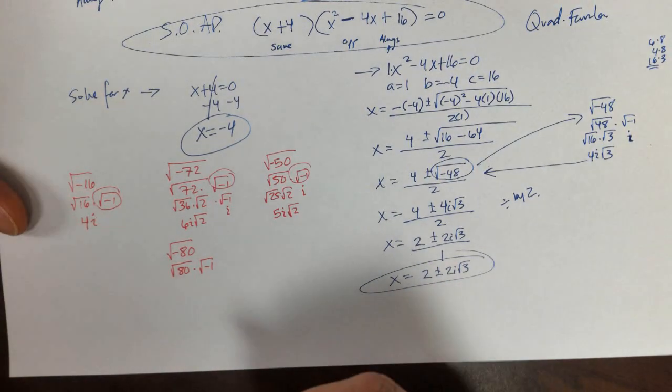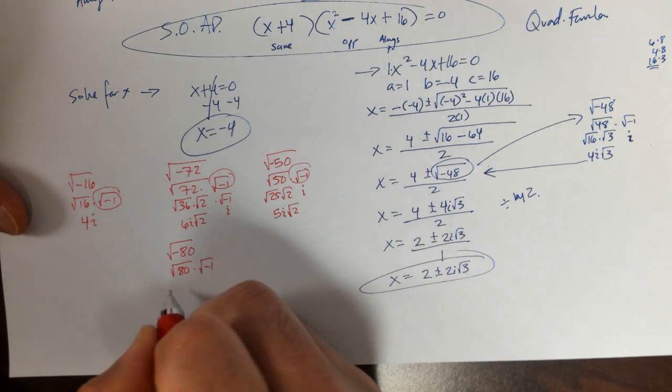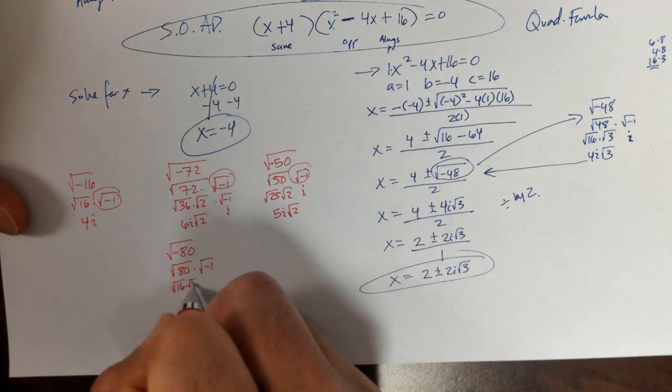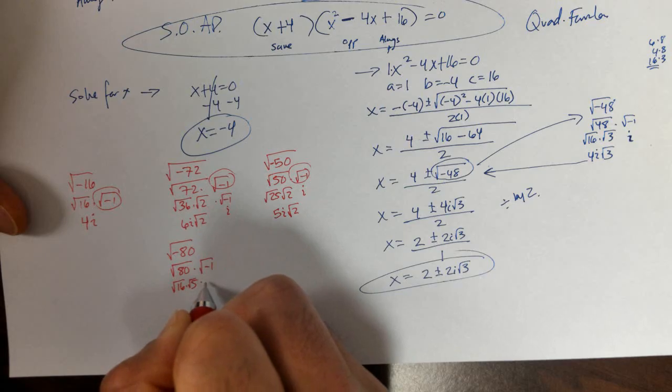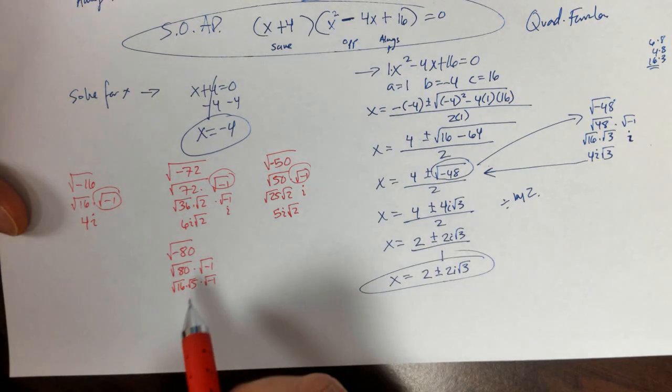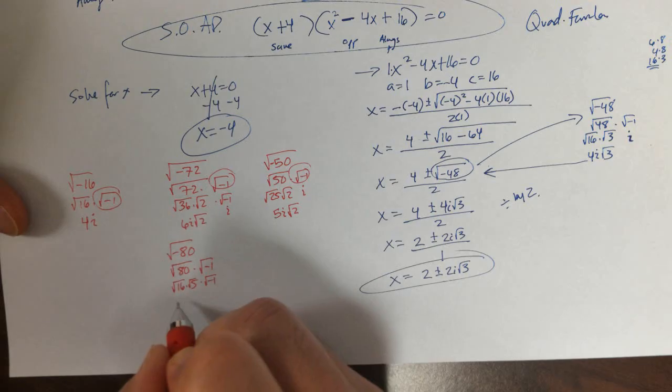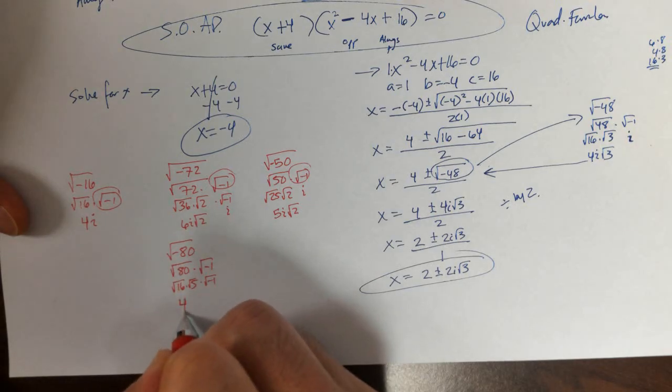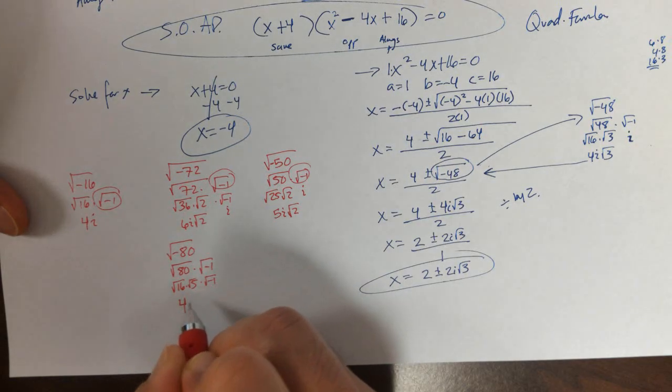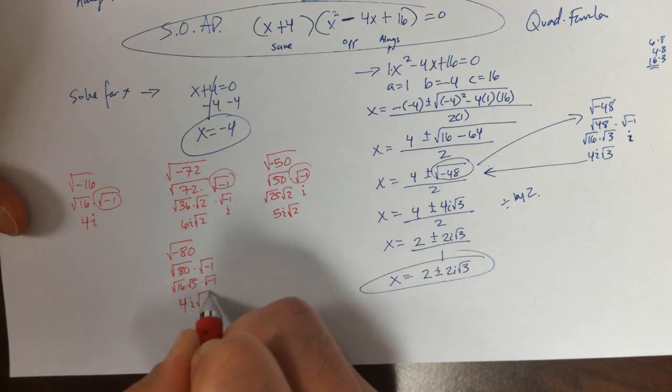We have 8 times 10, 20 times 4, we have 16 times 5. I'm going to go with 16 times 5 because 16 is a perfect square. So the square root of 16 is 4. The square root of negative 1 turns into i, and the 5 stays inside the square root.